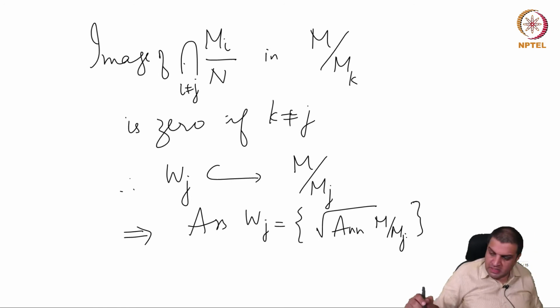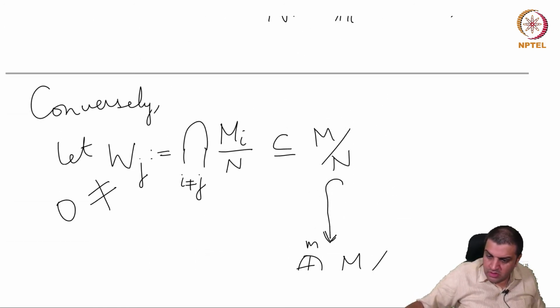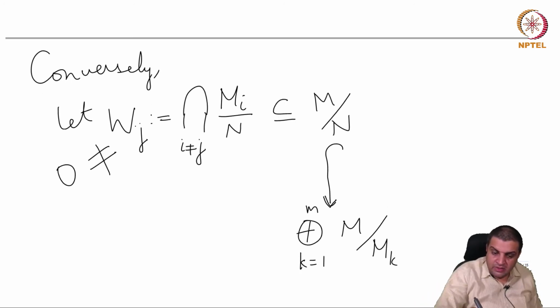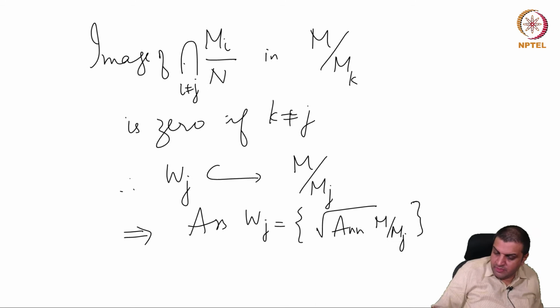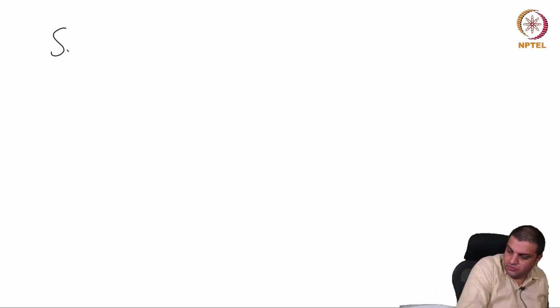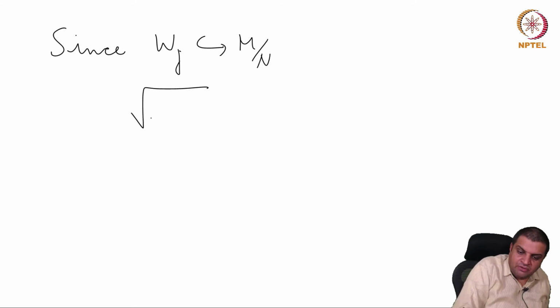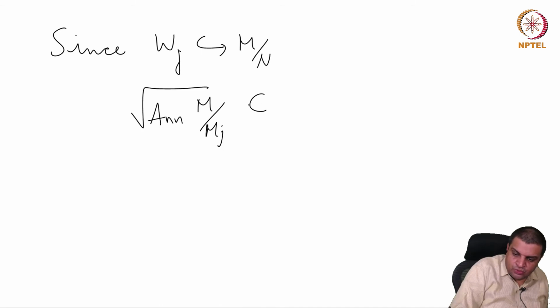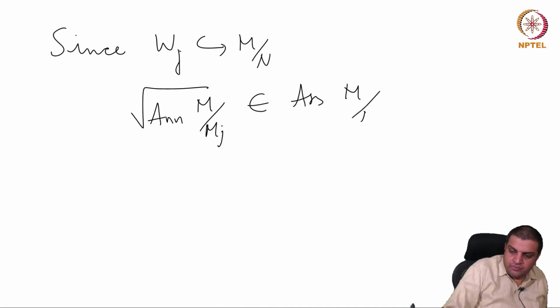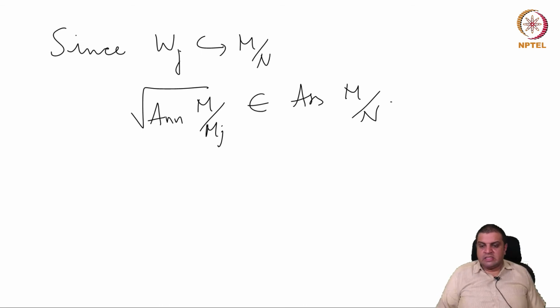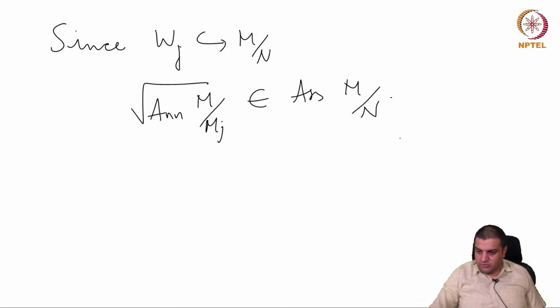But what does that say? The associated prime of Wj is the associated prime of the jth factor here, but Wj also sits inside M mod N. We conclude that the radical of the annihilator of M mod Mj is associated to M mod N. This is the end of the proof.